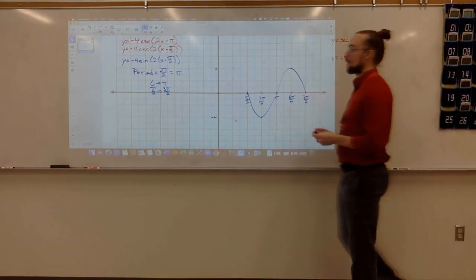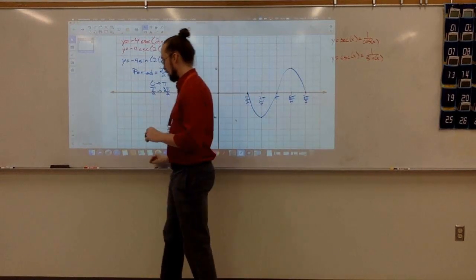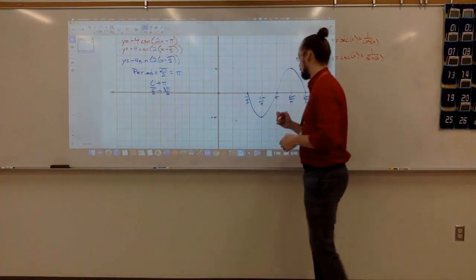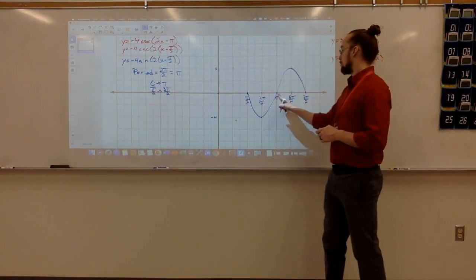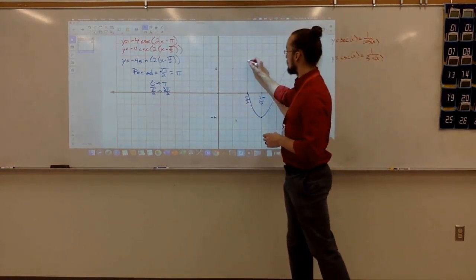Then, to graph cosecant, draw in the asymptotes at every point where that curve crosses the midline.